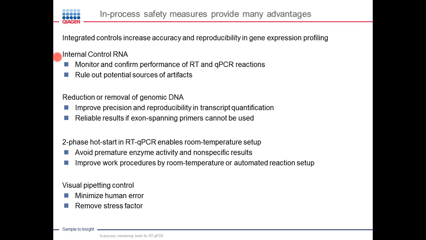These are namely internal controls, which are meant to rule out potential artifacts and particularly issues with inhibitors. This is the reduction of genomic DNA, which will improve the precision in quantification of transcripts, because we never know how much genomic DNA sometimes is being transferred into our RNA.